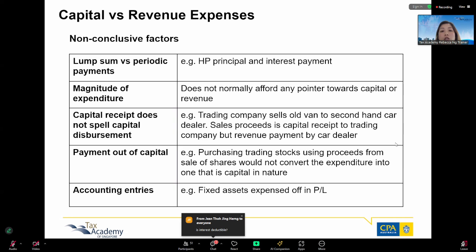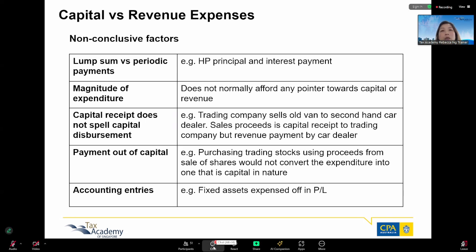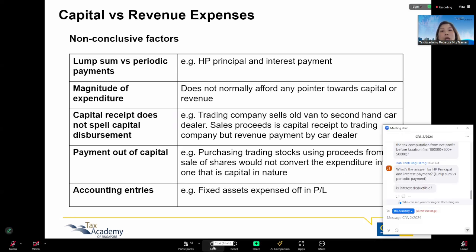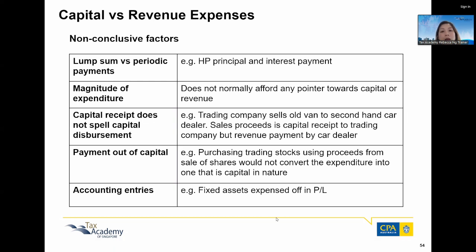As for the interest payment, again, we have to look at the assets of the company. If the company purchased the van, the interest payment will be regarded as a way of financing the purchase, right? So it is incurred in the production of the income. If the van is used in the company's business, then the interest payment is deductible.